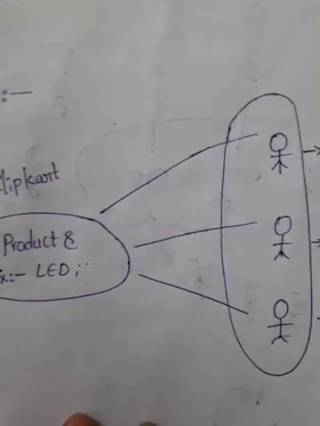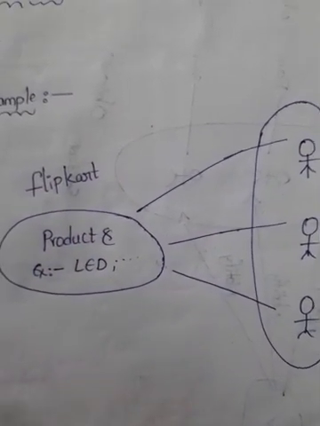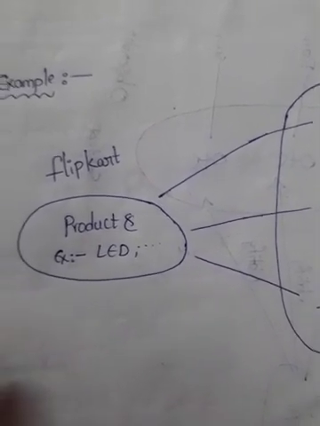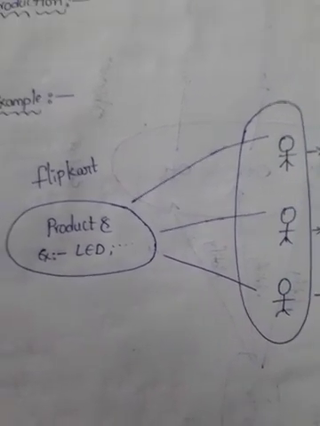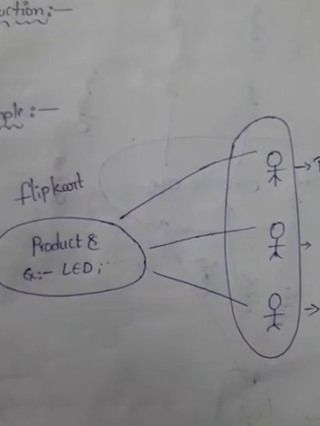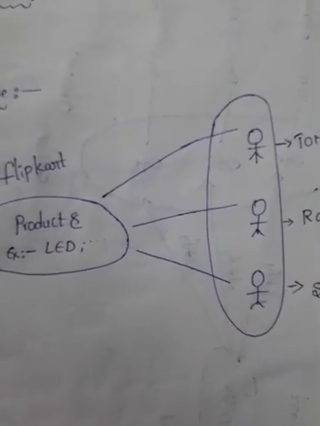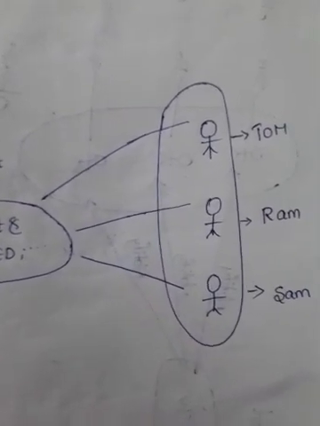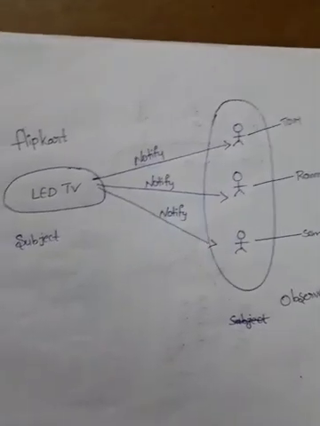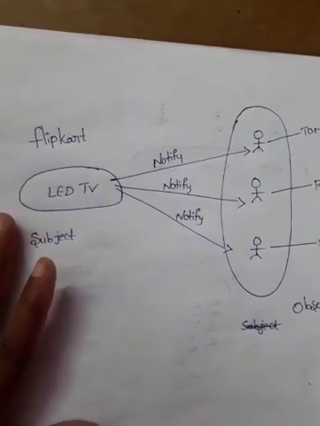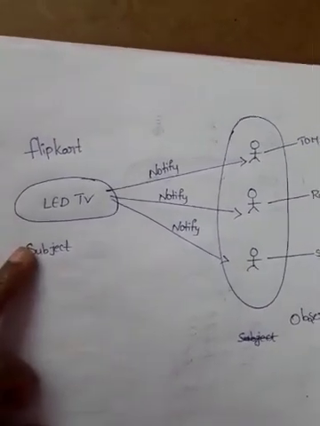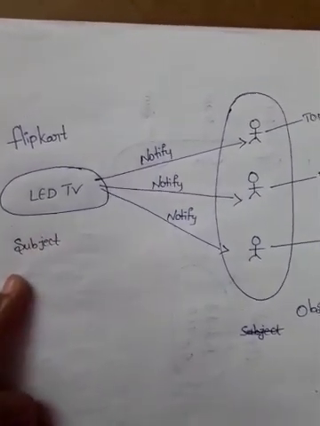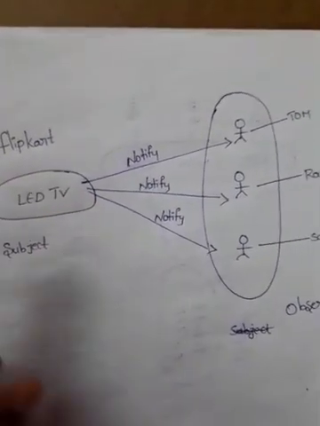Based on this explanation and this structure, we can say this is an example of the observer pattern. In this observer pattern, we consider two important components: the first is the subject and the second is the observer. On the left side, Flipkart, where we are searching for the LED TV product, becomes the subject.